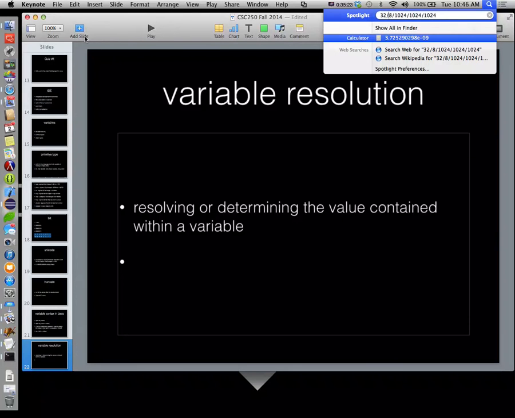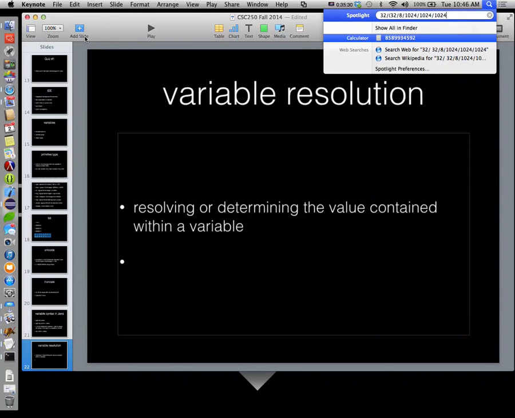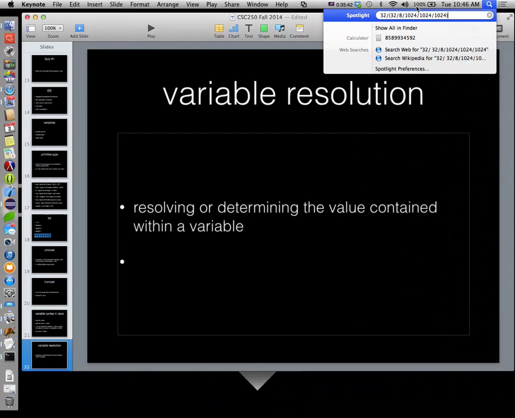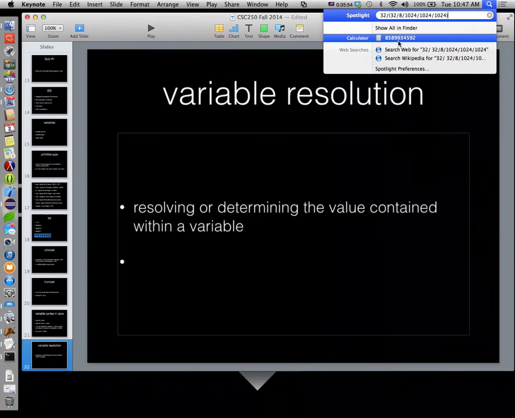So we do 32 gigabytes divided by the number of integers in a gigabyte, which gives us this big number: 8,589,934,592.